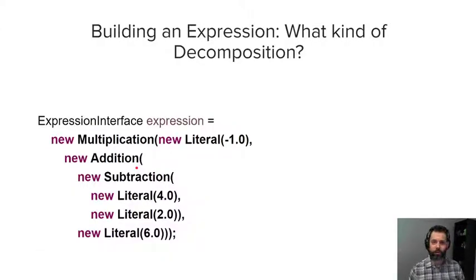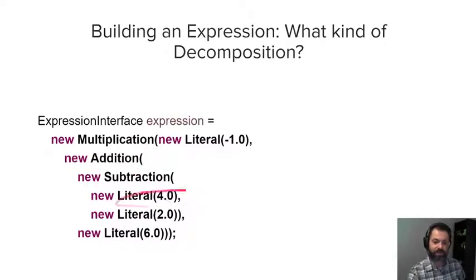That's one of the other aspects to decomposition too. Now, if you want to go gung-ho and start following formal models for breaking things down, it might become very clear why you'd use one or the other. You could also consider this to be object-oriented in a way too, right? Because you have different objects that are interacting. We have a literal object, a subtraction object, an addition object, a multiplication object, and we're linking them together.